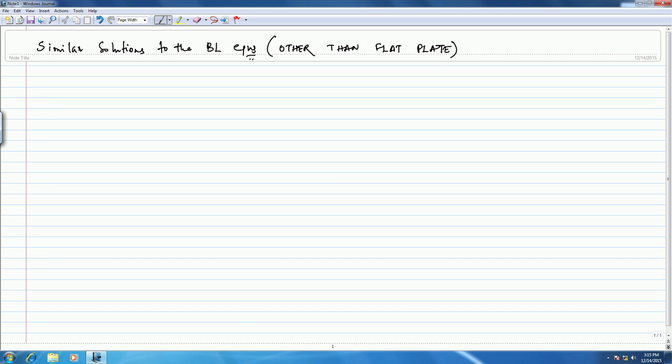Now let me again write down the boundary layer equations which we will solve. That's the x momentum equation, which contains information about the y momentum equation, so two rolled into one, and this is the continuity equation.